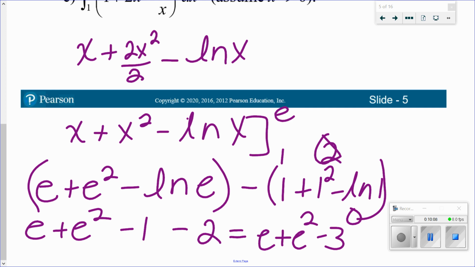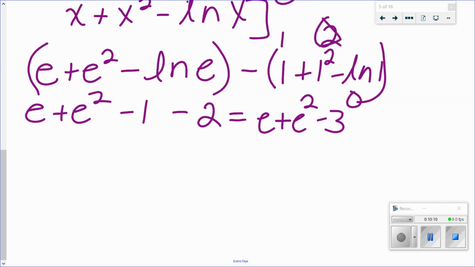Okay, again, you can also use your table and plug in e and 1 to your table to get that answer and get the decimal approximation of that, which, let's see, I believe that is going to be approximately equal to 7.11.